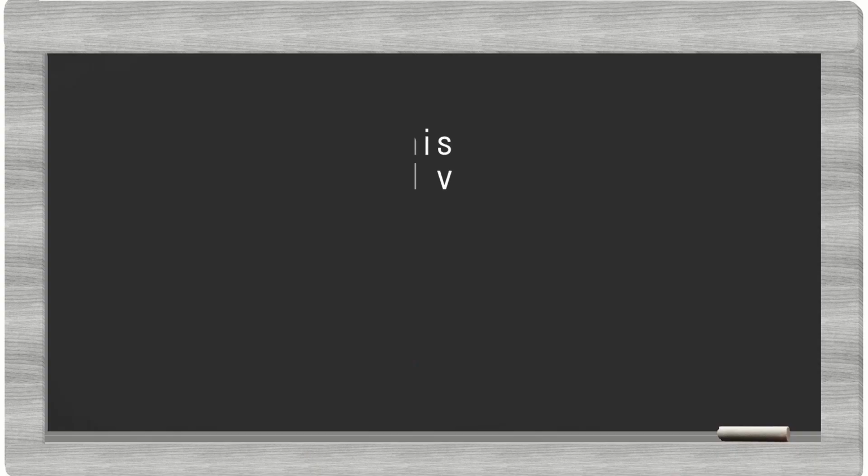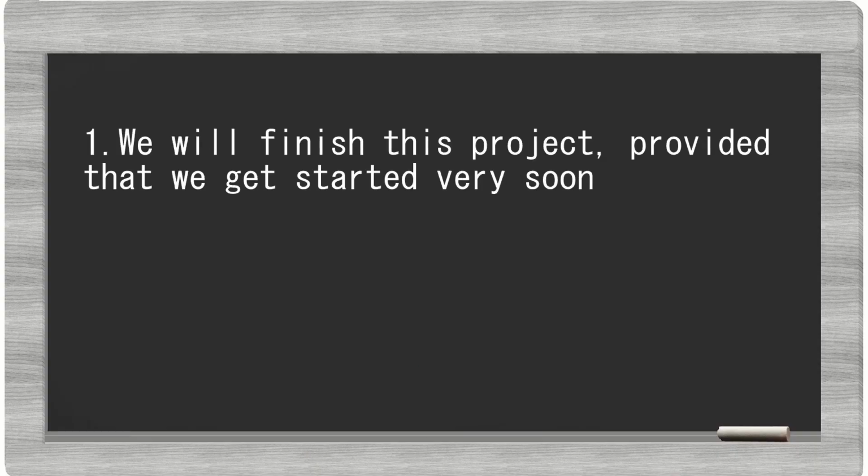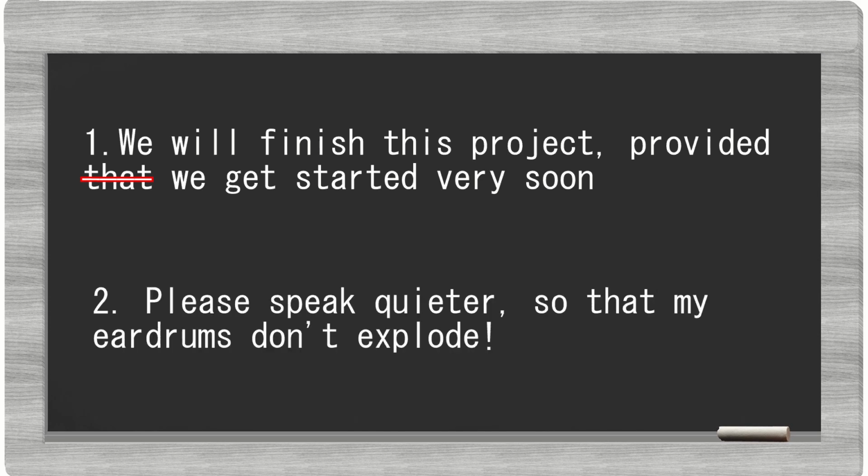For example, we will finish this project provided that we get started very soon. We can just say we will finish this project provided we get started very soon. Please speak quieter so that my eardrums don't explode. Please speak quieter so my eardrums don't explode. So again, we don't need to include that in those cases.